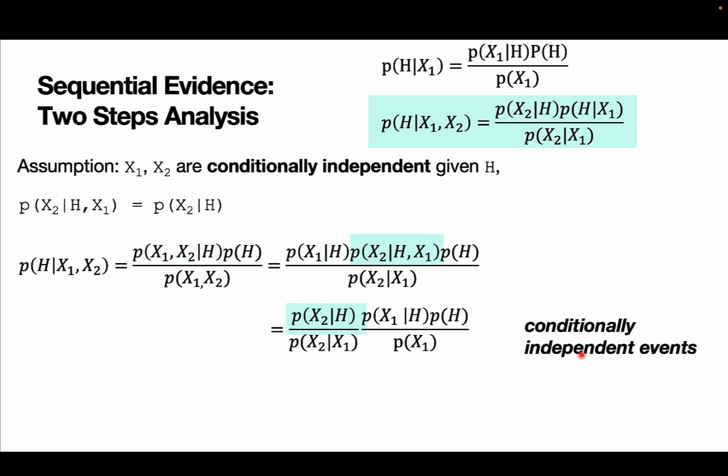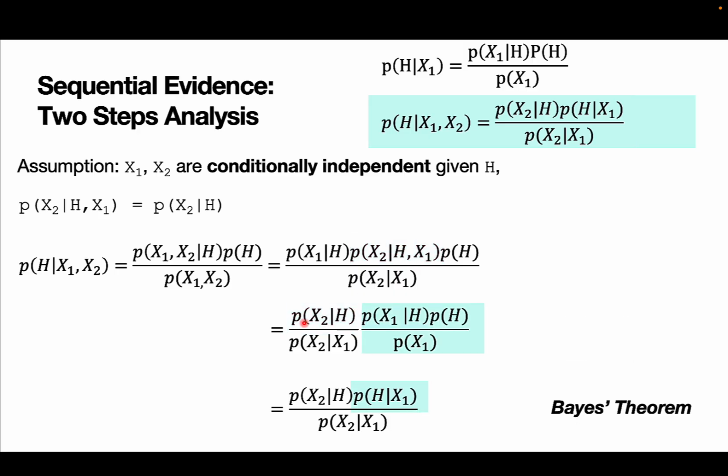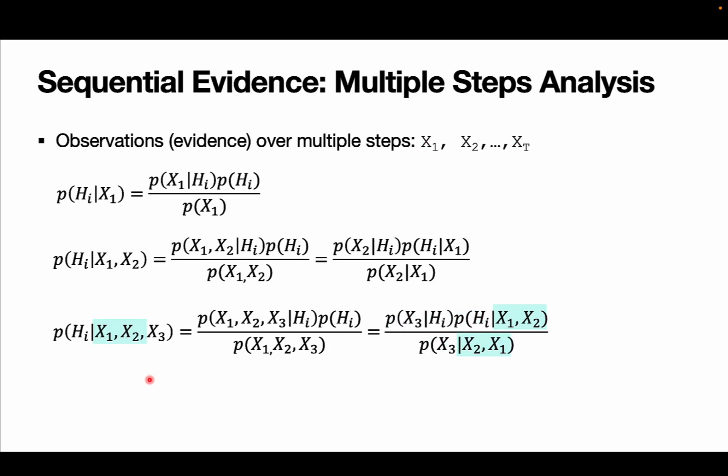Then I'm going to use the conditional independence assumption to simplify the highlighted term, do some reordering, and this term is going to simplify to P of h given x1, which we already know. This is how you go from one piece of evidence to two. And using the same logic and the same steps, we can go further to multiple steps.